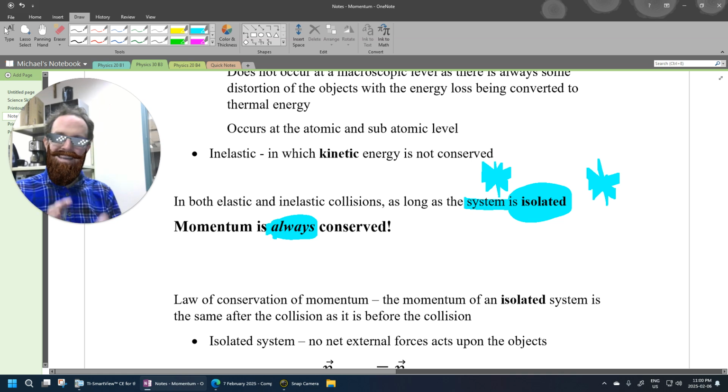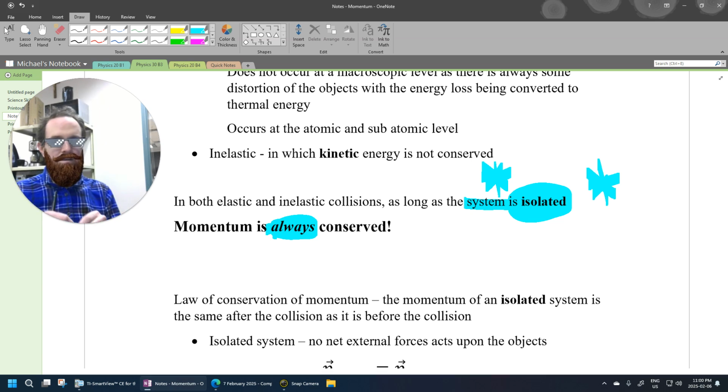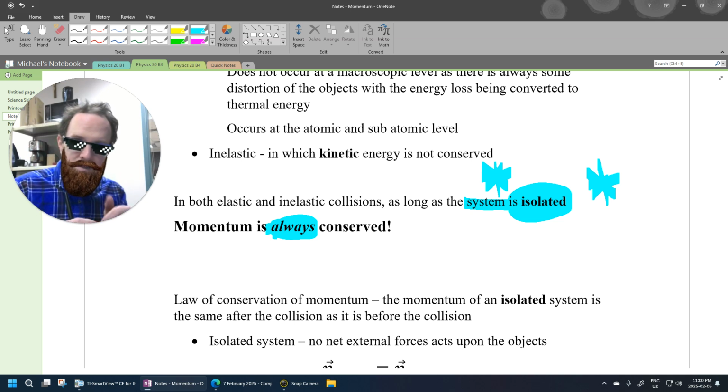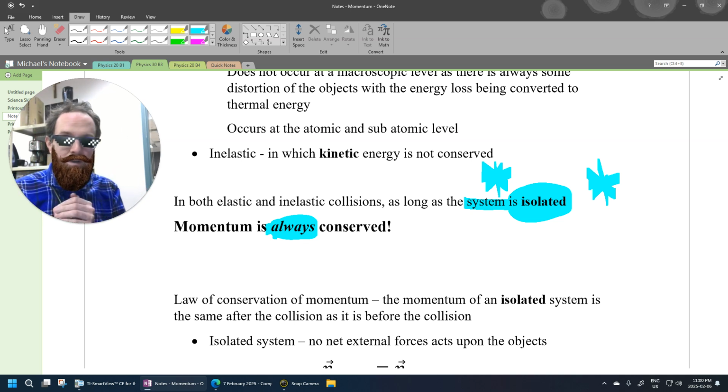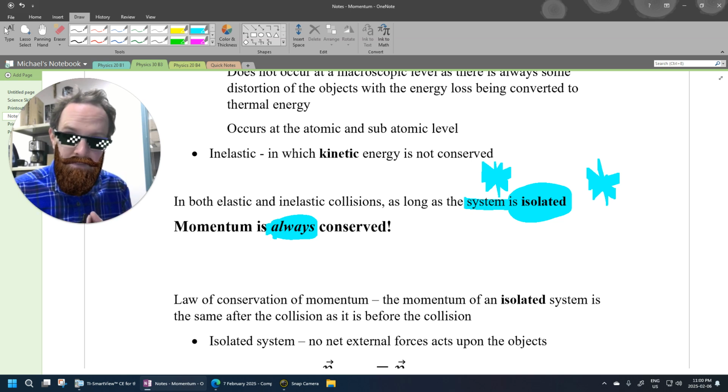So the energy has to stay the same and the matter has to stay the same. But that doesn't mean you can't transfer from one object to another, or that the energy can't change from one form to another. The momentum can move around within the system. The energy can move around within the system, but it has to stay within the system.